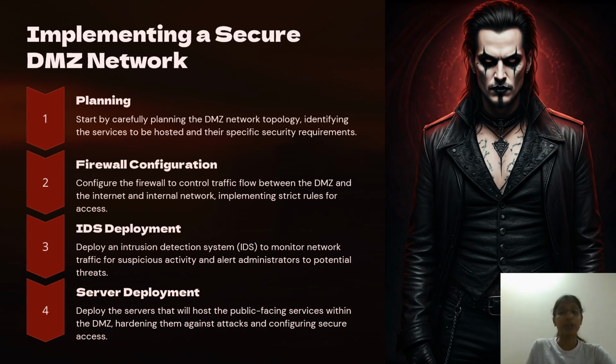There must be strict rules for access, like passwords, logins, etc. IDS deployment: deploy an intrusion detection system to monitor network traffic for suspicious activity and alert administrators to potential threats. And server deployment is nothing but deploying the servers that will host the public-facing services within the DMZ, hardening them against attack and configuring secure access.